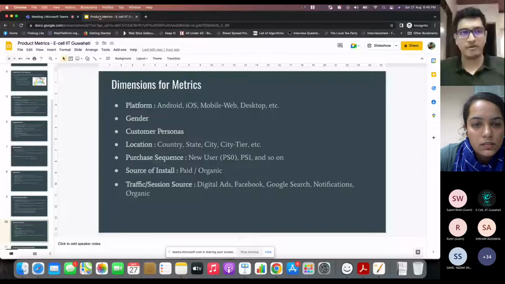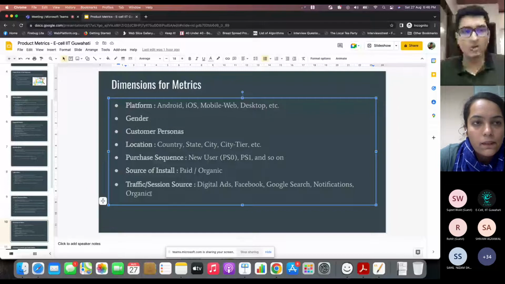If the data is confirmed to be correct, then you start drilling down on different dimensions. App version is another dimension. Did you ship a new app release, new app version, which broke a feature and led to a drop in conversion? So app version becomes another dimension. So you break down your metric across different dimensions to identify trends.